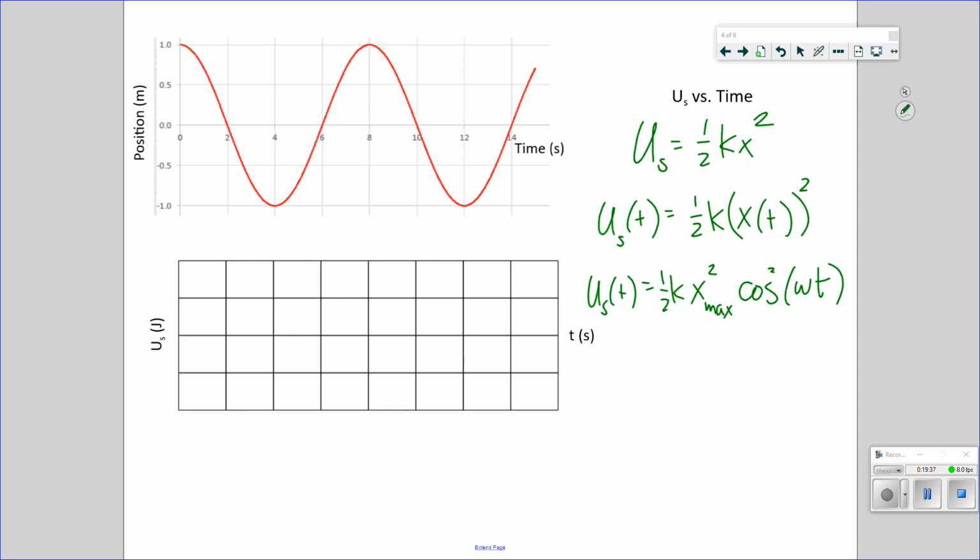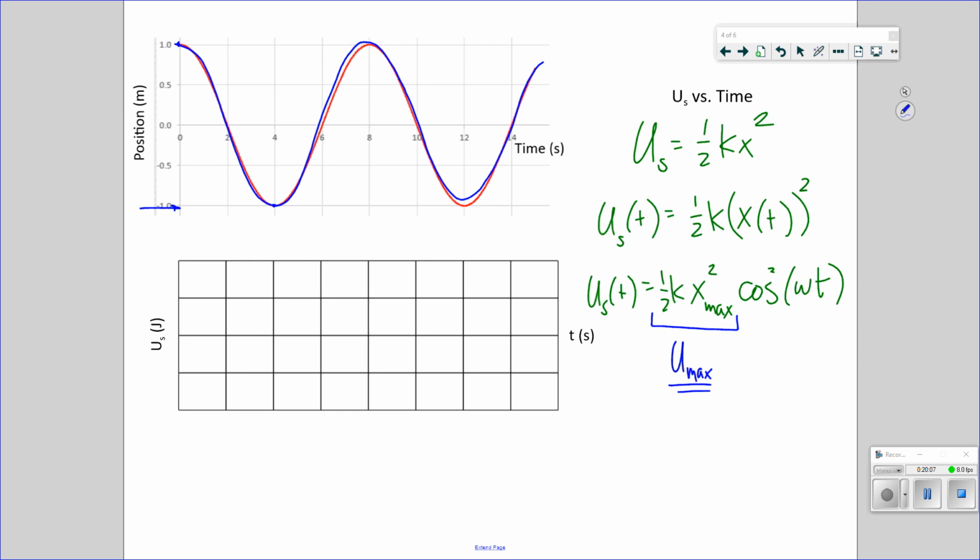And look, what's 1/2 k x max squared? That's U max. So there's some U max that's biggest when position is biggest. Guess what? U is also biggest when this is biggest. That's a big displacement. What we're doing is squaring all these values, but the amplitude is different because the amplitude is not a position. The amplitude is an energy.